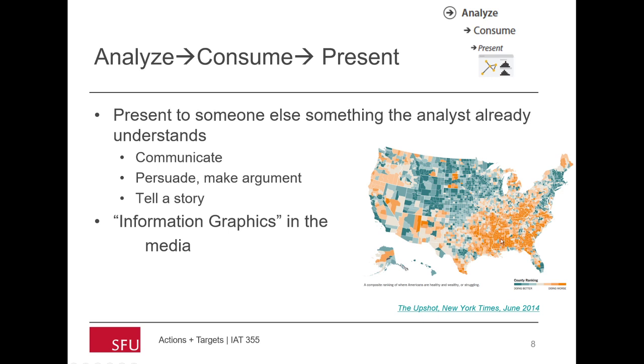So this is presenting a geographic distribution of increasing or decreasing wealth or mobility, something like that. And this map visualization is accompanied with a story that explains what is going on in the country at the time in which the article was presented. So this is an example of analyze, and within that consume, and within that present.